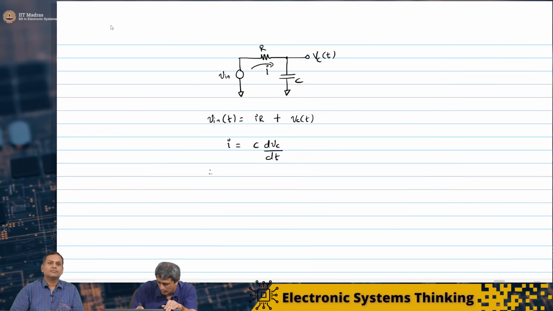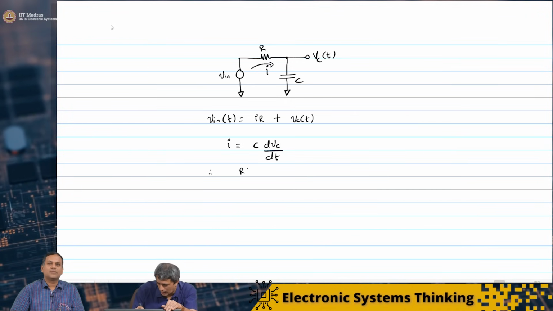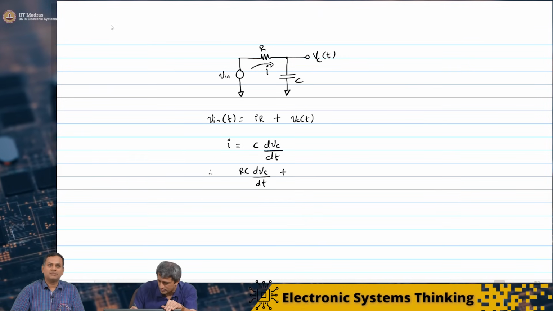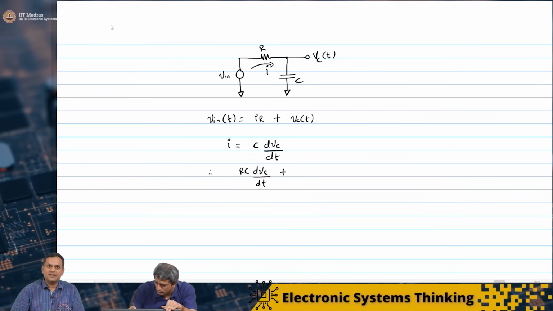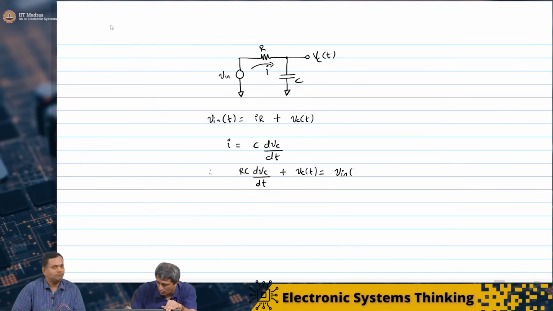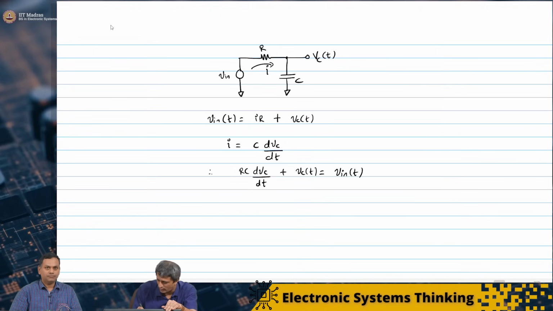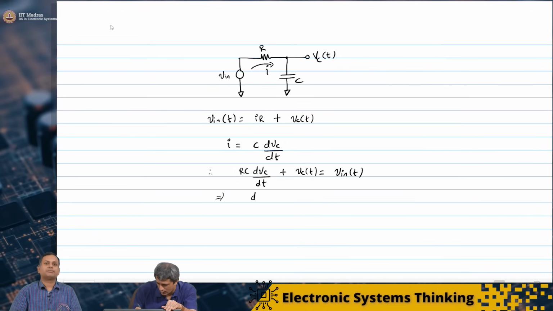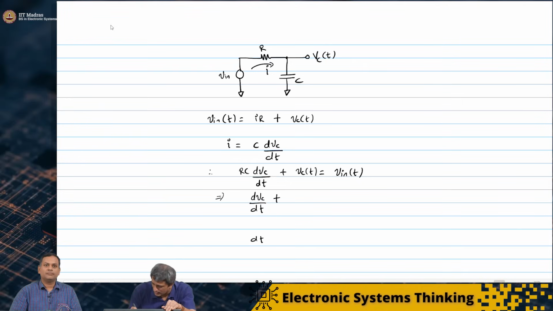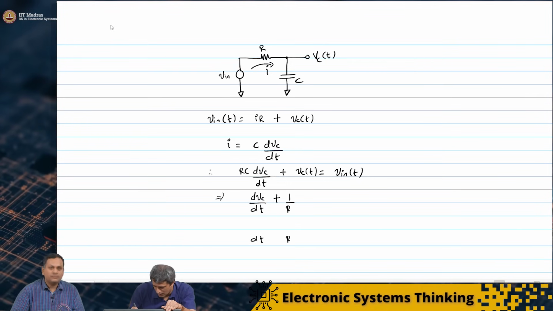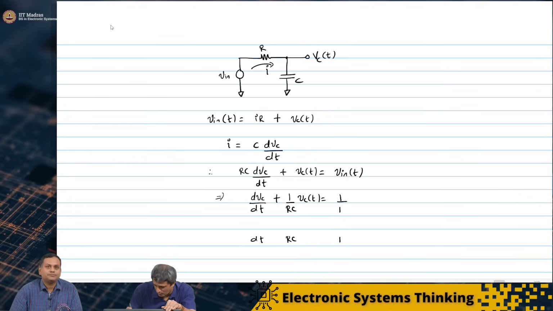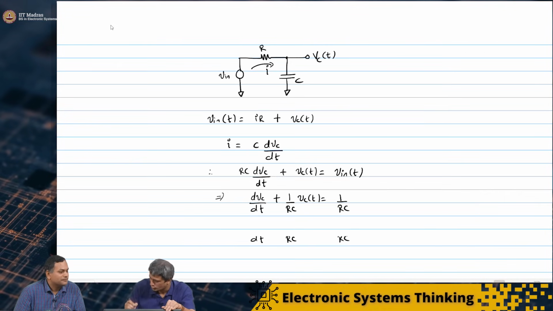Therefore, we got the following: RC dVc by dt plus Vc equals V in of t. Now I'm going to divide by RC: dVc by dt plus 1 by RC Vc of t equals 1 by RC, and now I'll substitute this V in of t.